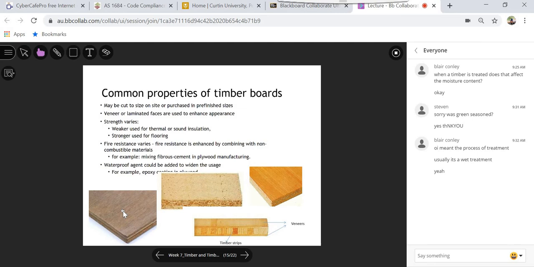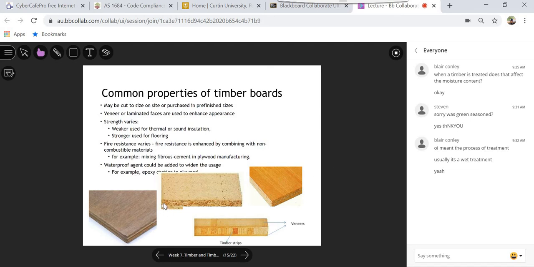One of the major problems with timber boards is absorption of water, which can lead to damage. To avoid that, we apply a coat, an epoxy coating. In that way, we can enhance the waterproofness of timber boards too.